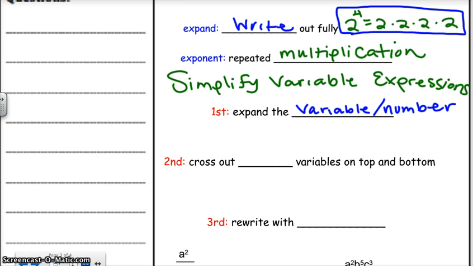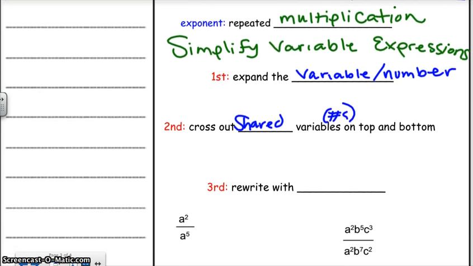Secondly, we're going to cross out the shared variables or numbers on the top and the bottom. Okay, so cross out shared variables on the top and the bottom.